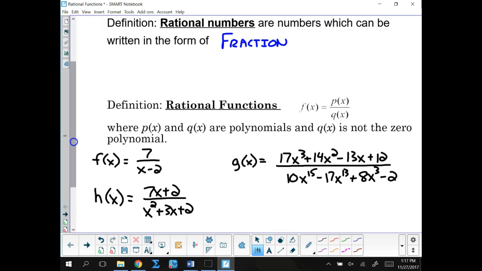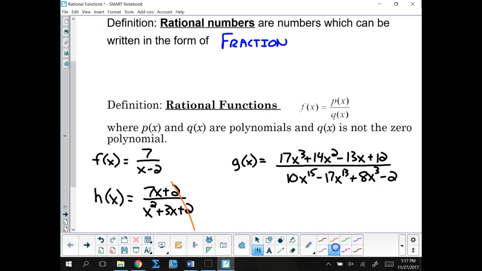I'm not going to use g of x because that's really complicated. h of x, 7x and a 3x and a 2 and 2. Could you elaborate? Yeah, she wanted to do this. Is it because they're different functions?